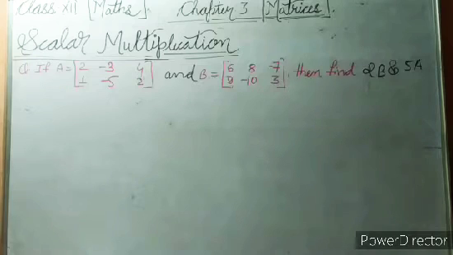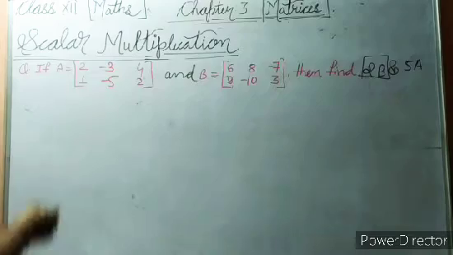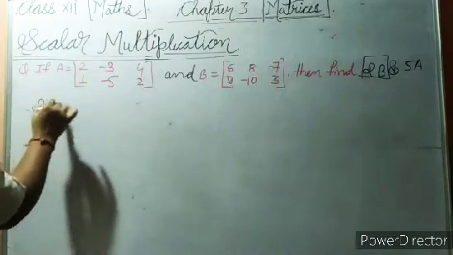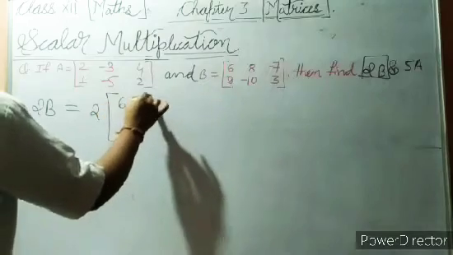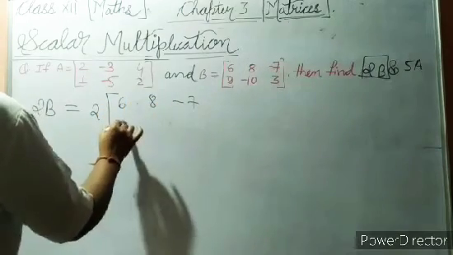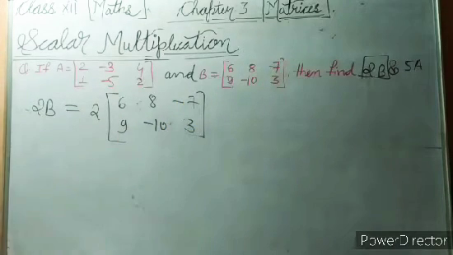Scalar multiplication: if the question gives a matrix and wants you to multiply it by a number. You see here, the question wants 2B. What is the meaning of 2B? That means we multiply 2 with B. If we multiply by any number, we will get a new matrix.